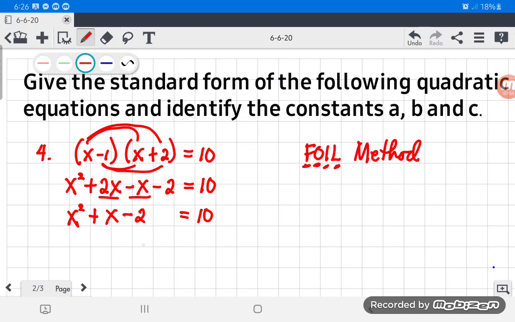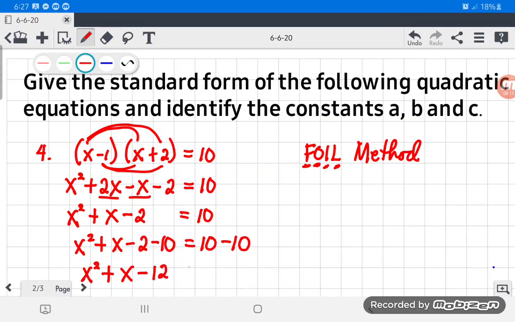So, using the subtraction property of equality, we have x squared plus x minus 2 minus 10 equals 10 minus 10. We have here now x squared plus x, negative 2 minus 10, that is negative 12, equals 0.